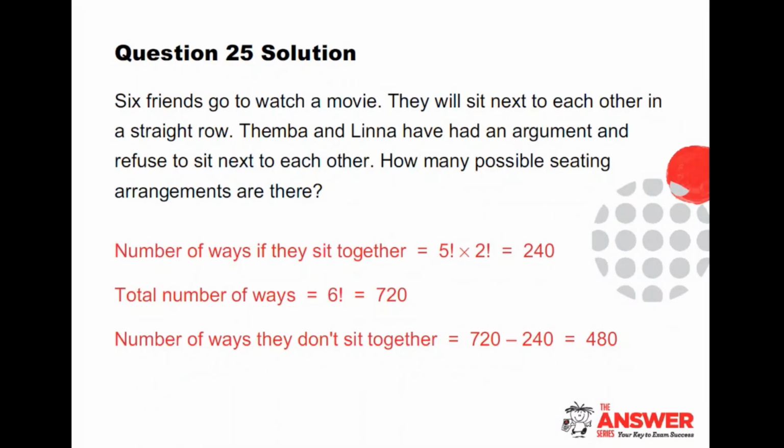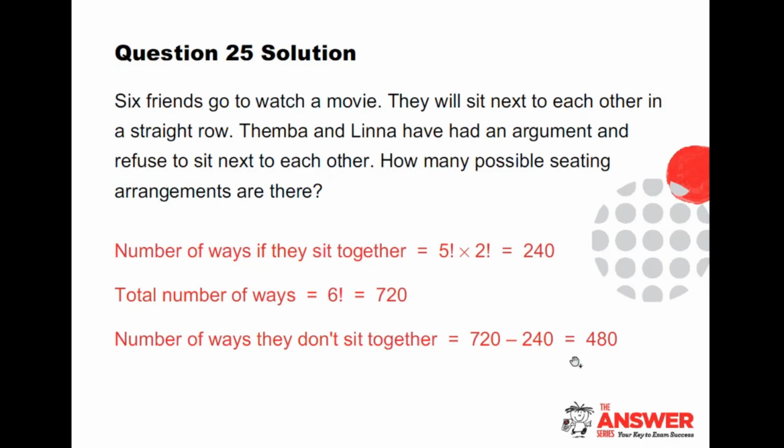So there are 5 things I'm arranging. That's where I get my 5 factorial, times 2 factorial, because Temba and Lena can sit either way. The total number of ways that 6 friends can watch a movie is 6 factorial. So how do you get the number of possible seating arrangements? It's the total number minus the number if they do sit together, and that will give you the answer.